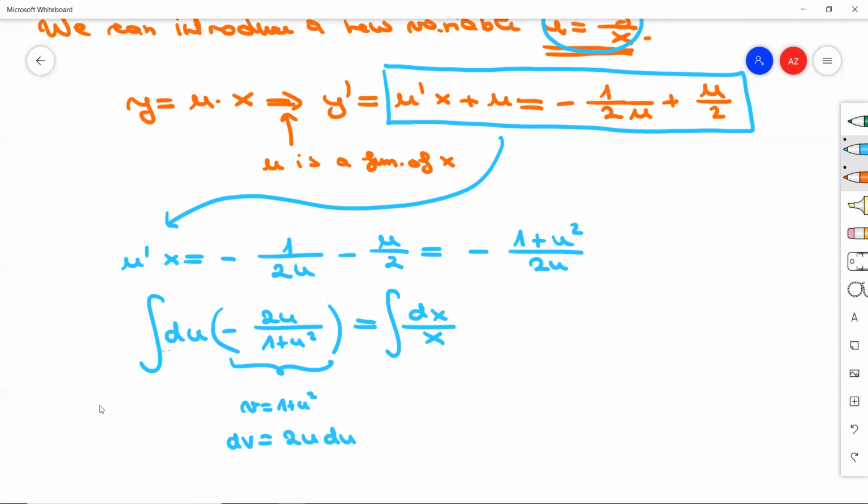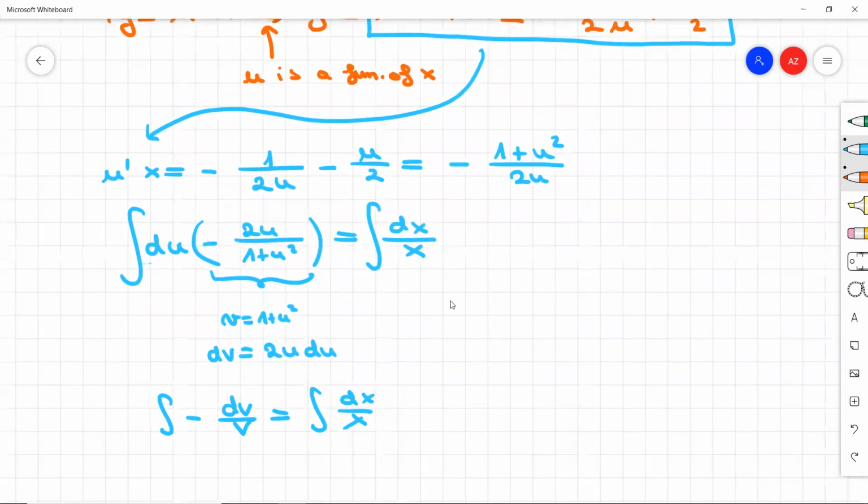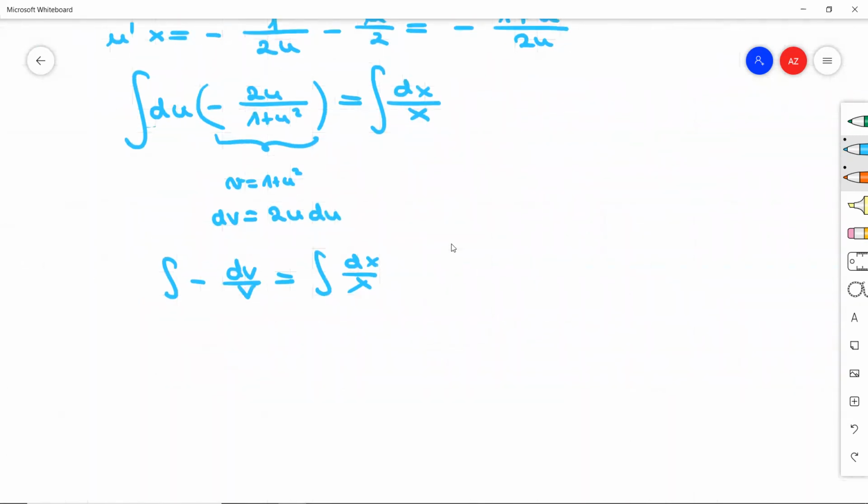So what I will get here will be the integral of minus dv over v is equal to the integral of dx over x. And you can continue because we ran out of time.